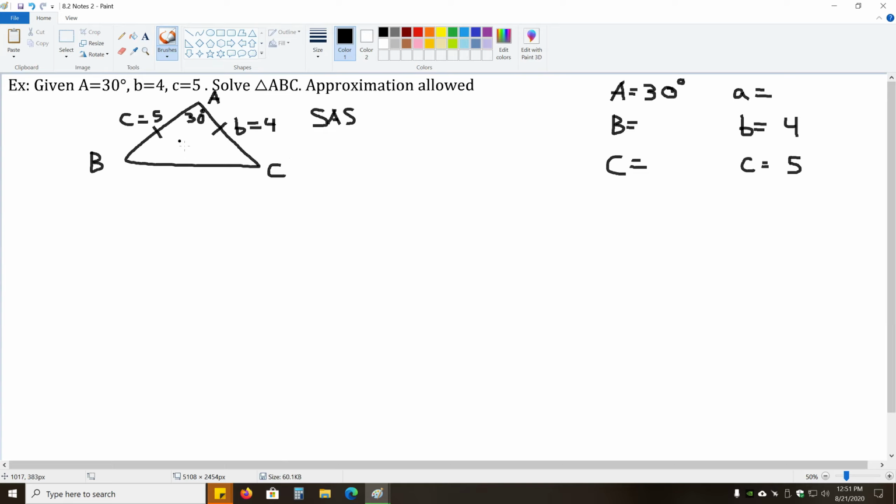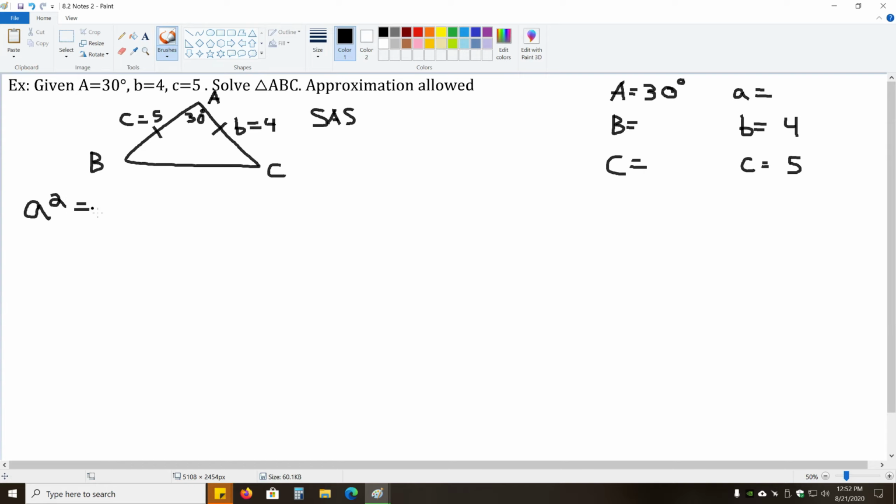So with this, which of our formulas should we use? Well, notice that we were given angle A. If you're given angle A and the two other sides, B and C, then that means you can solve for side A. So let's go ahead and do that.